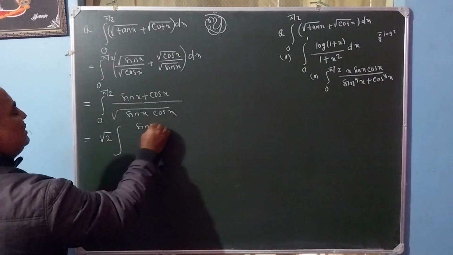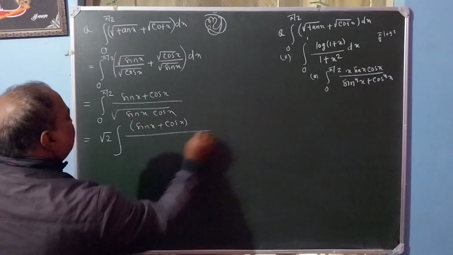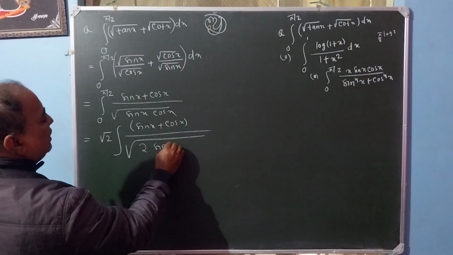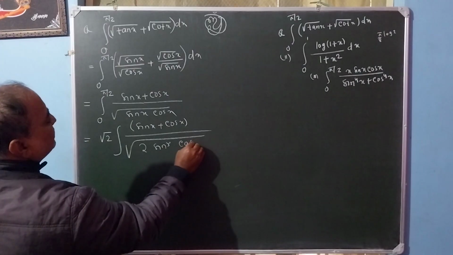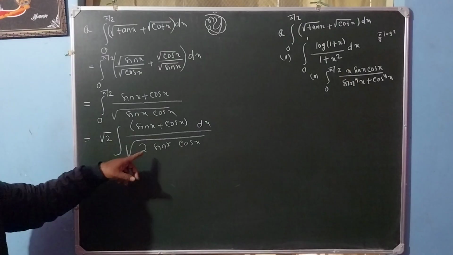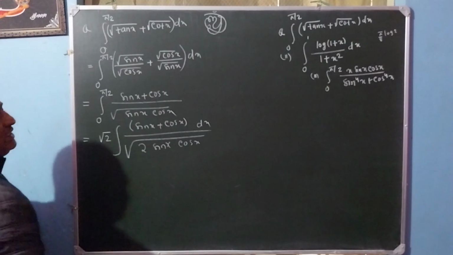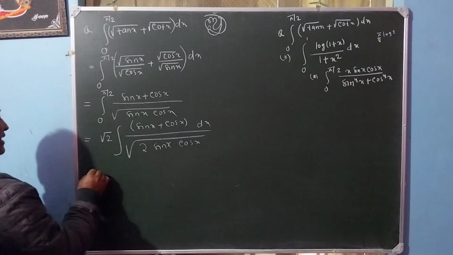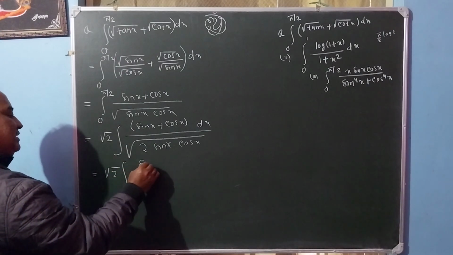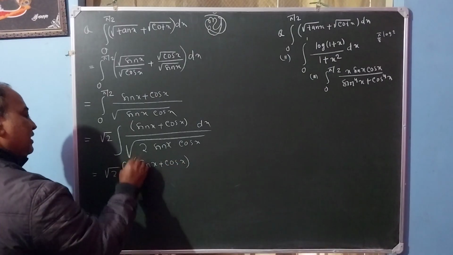Sin x plus cos x, here this can be written as 2 sin x into cos x dx. You see here root 2 cancels. So this can be written as root 2 times sin x plus cos x over root of 2 sin x cos x, dx.